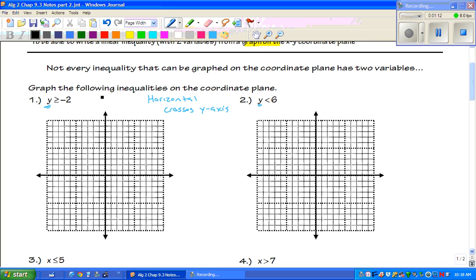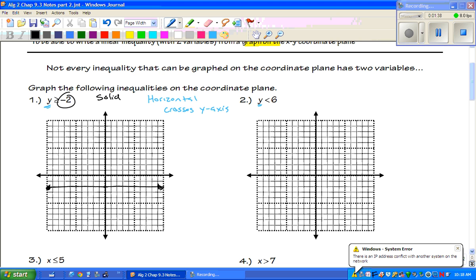And this line right here is going to be solid. So when we draw our solid line at -2, remember that -2 is down here, and just draw your solid line going across.